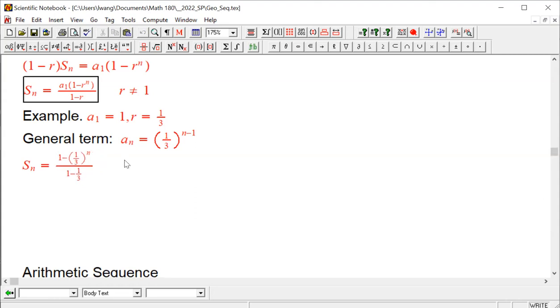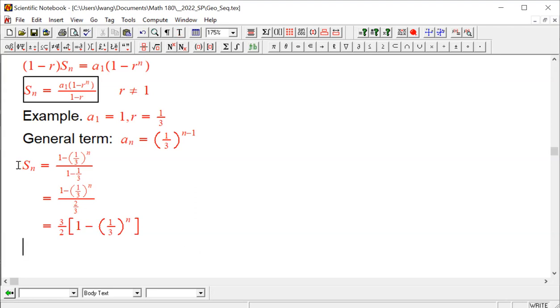Simplifying a little, on the top we have 1 minus 1/3 to the power of n. The bottom is 2/3. Simplifying that, this turns into 3/2 multiplied by the numerator. So this will be the partial sum for that sequence.